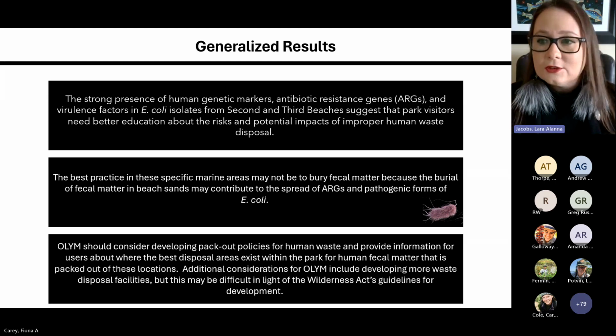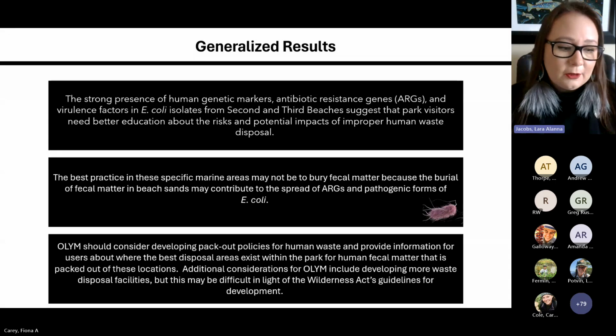You know, we don't want to get into an issue where we have bacteria that's naturalizing in the sand, and it might have antibiotic resistance characteristics that become very detrimental to human health.